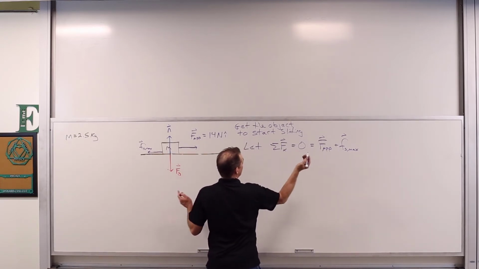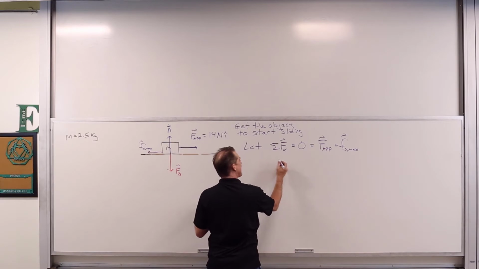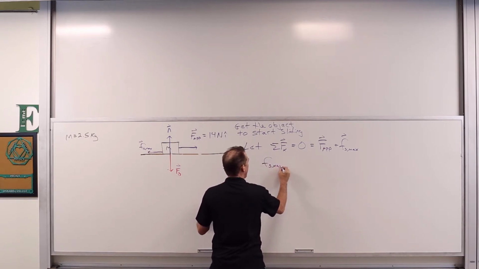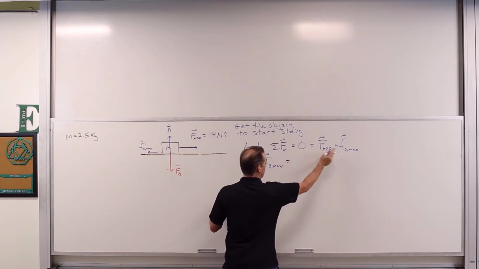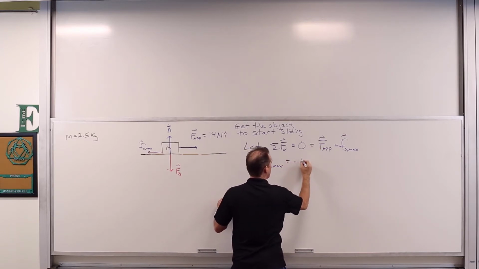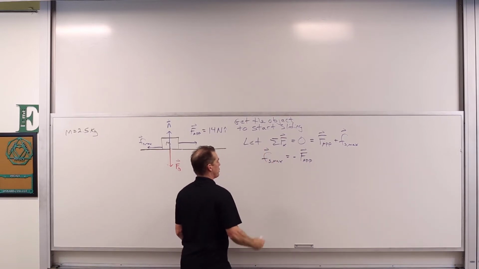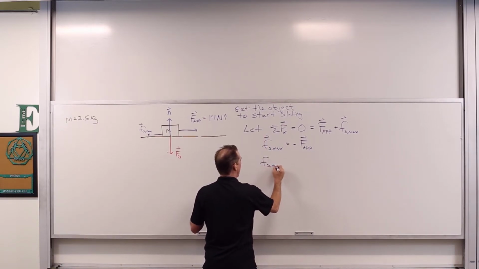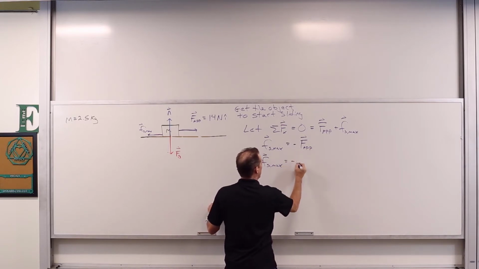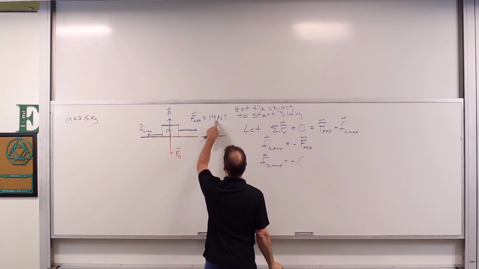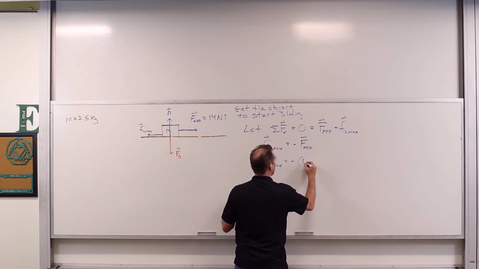So what do we do with this? Well, we can solve this for F sub S max, can we not? Sure we can. We can write that F sub S max hat is equal to, well, we move this to the other side and we get a negative F applied hat, which gives us then that F sub S max, the maximum force of static friction, must be equal to negative F applied, which is 14 newtons I hat.